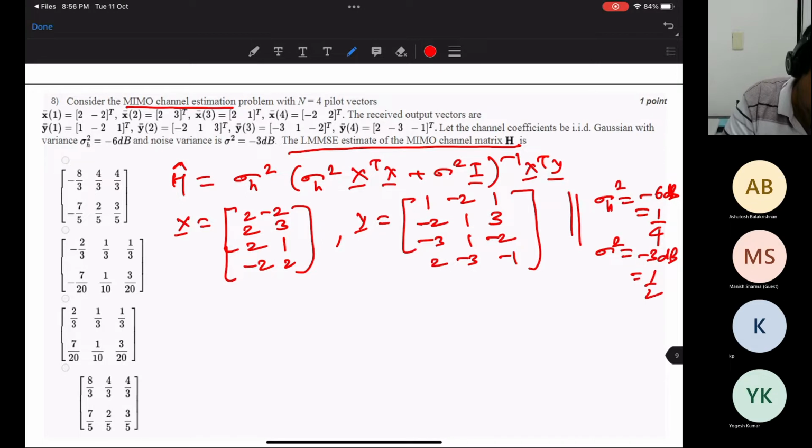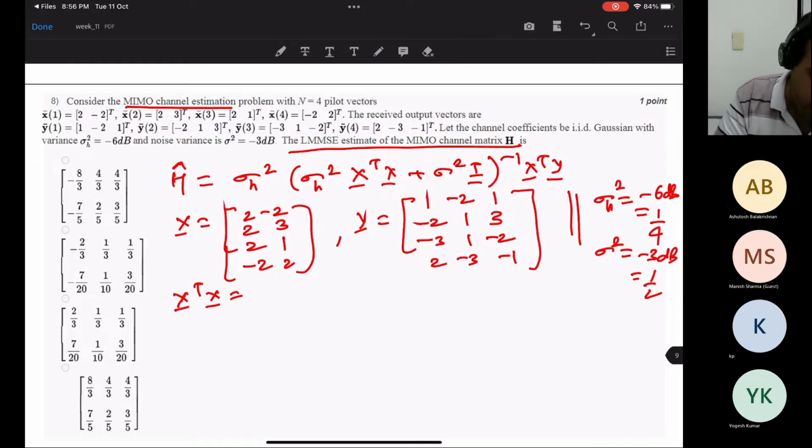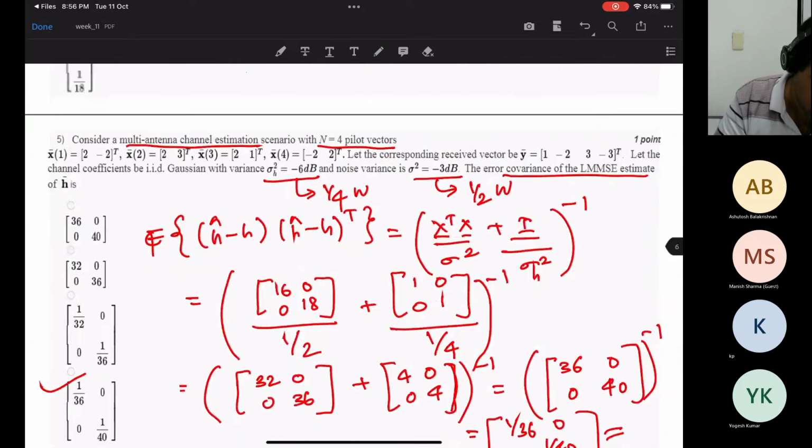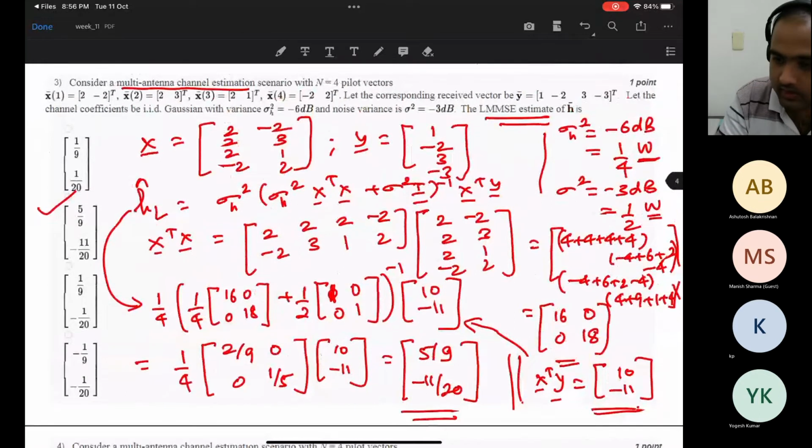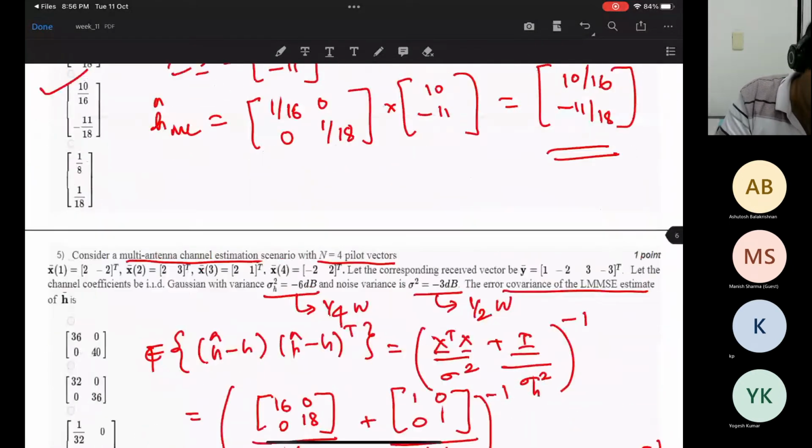Now, what is X transpose X? I think this was in the initial questions, so the X matrix is the same, but the Y vector is different.